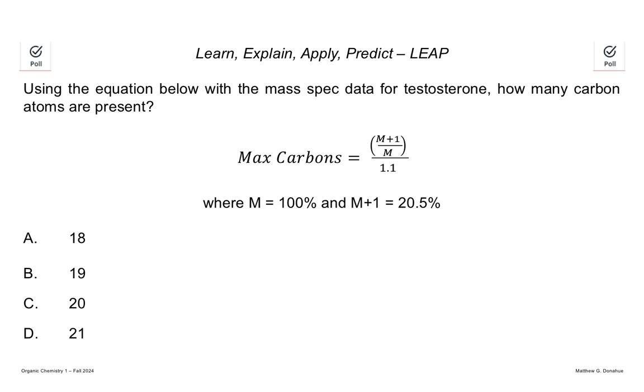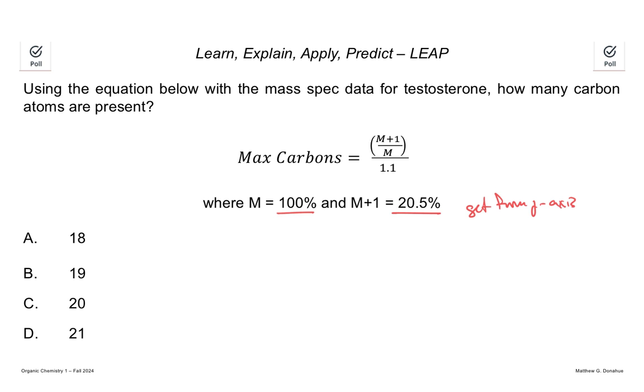So let's take the numbers from that mass spectrum for testosterone, and we're just going to plug them into this equation. And again, notice the numbers that we use are the percentages we get from the y-axis.